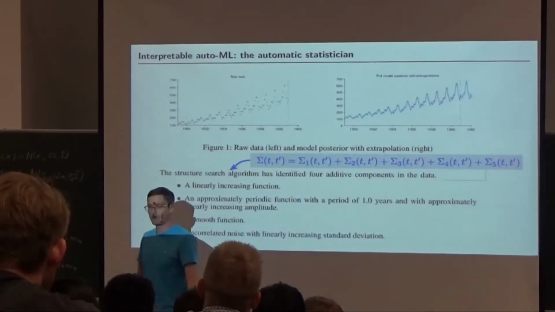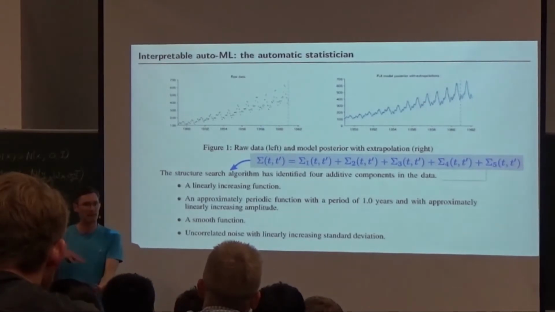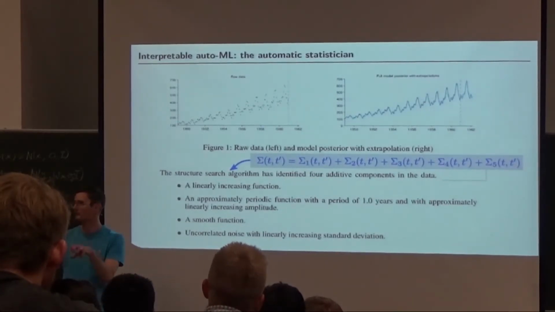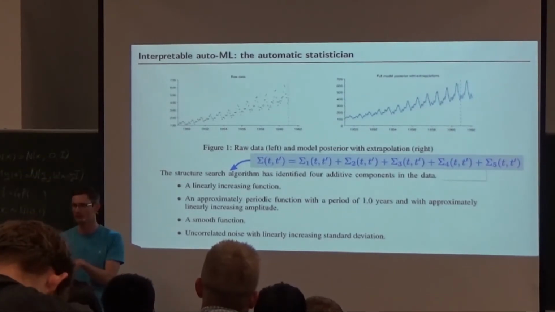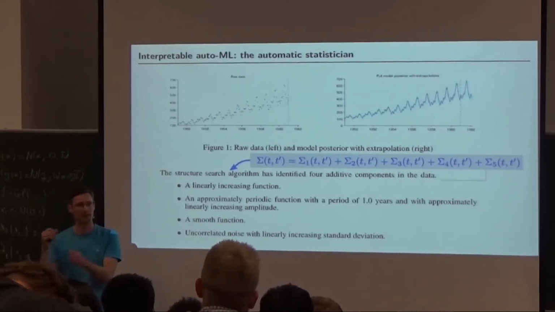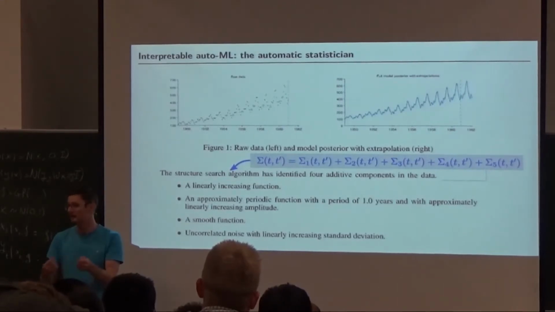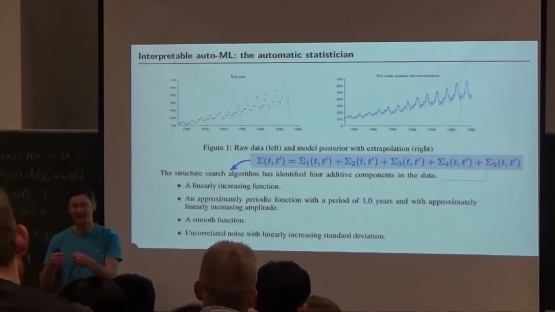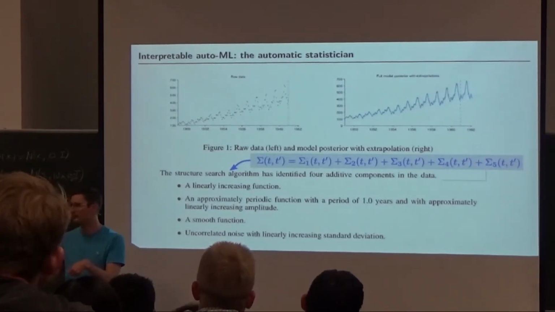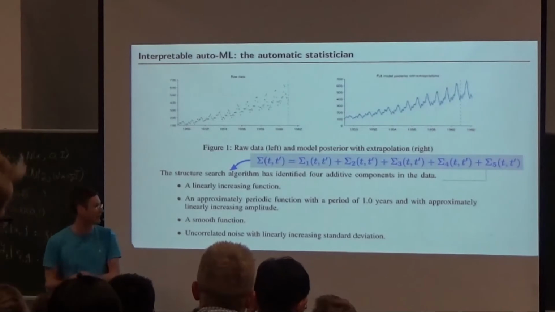So there is a search going on in the background of this algorithm, which is fitting different Gaussian process models with different numbers of components, and it's scoring those models in various different ways. And then it comes back with what it thinks is the best fit, and then it can unpack the covariance function structure that it's learned automatically from data and convert it into plain text so that a non-expert in Gaussian processes can understand what's going on.